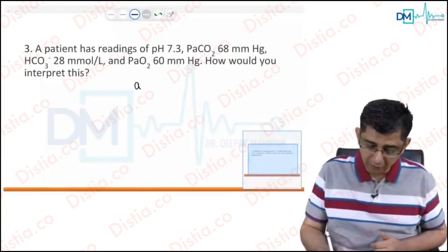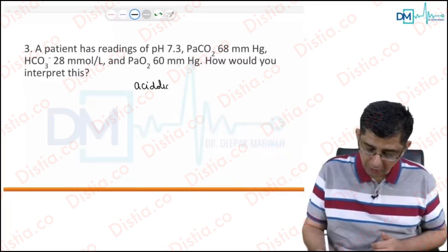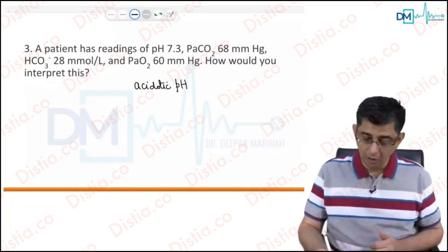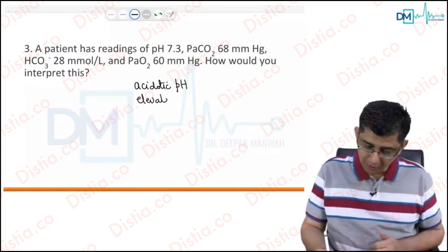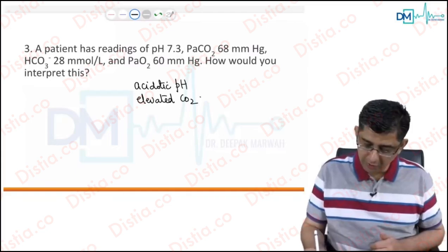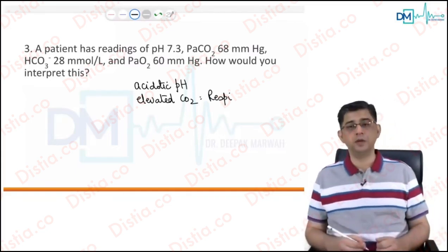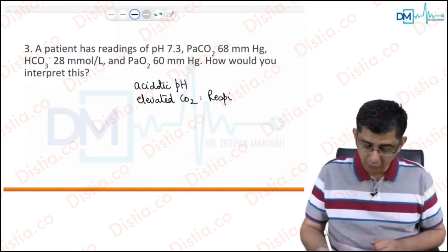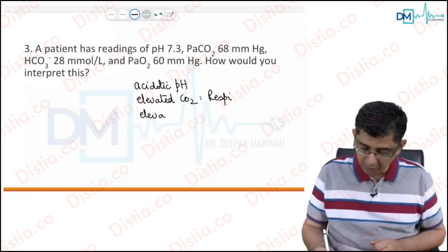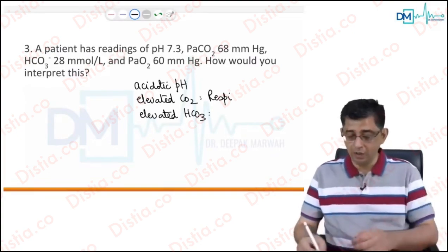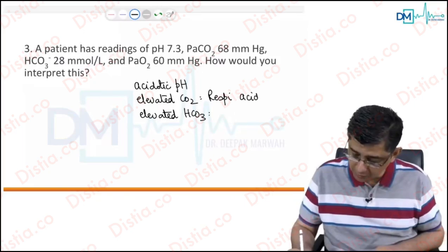You can see that whenever you read the question, you should immediately think pH is 7.3, acidotic pH. PCO2 is 68, so it is an elevated carbon dioxide, which immediately tells you there is a respiratory etiology behind the problem in the patient. Then look at the value of bicarbonate. It is elevated. Normal is 22 to 26, and in this case, the bicarbonate is elevated, so that is helping to neutralize the respiratory acidosis in the patient.